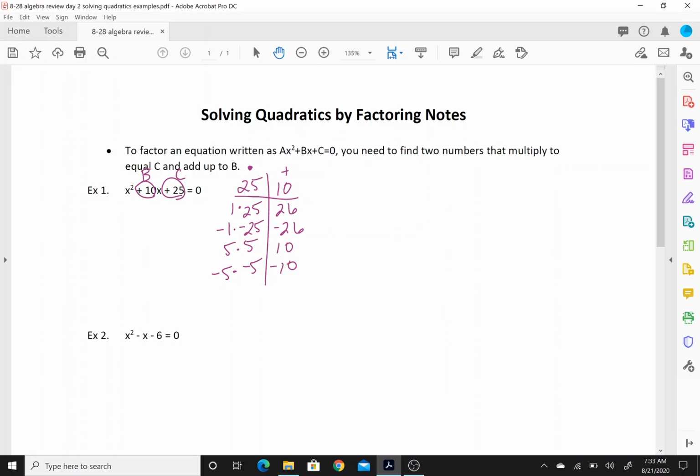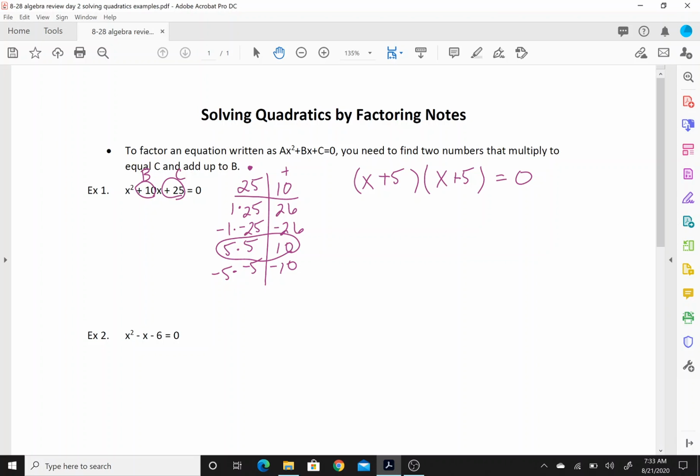Look for that positive 10. Well, we got that from 5 and 5. So you go to the side and you set up two sets of parentheses. Since they're both positive, it's going to be x plus 5, x plus 5, and this has to be equal to 0.